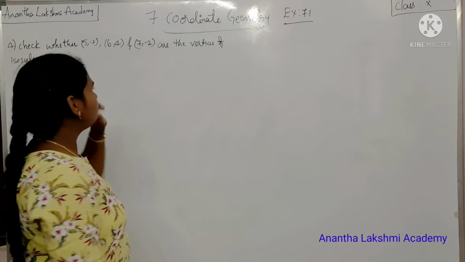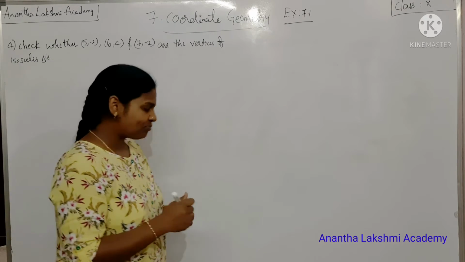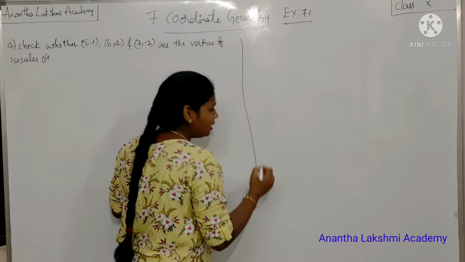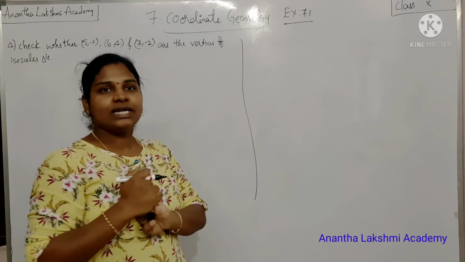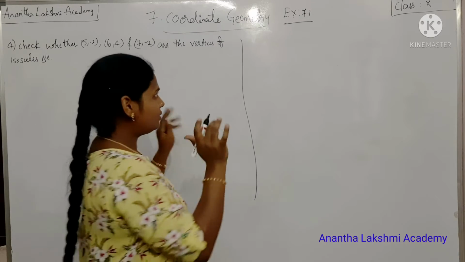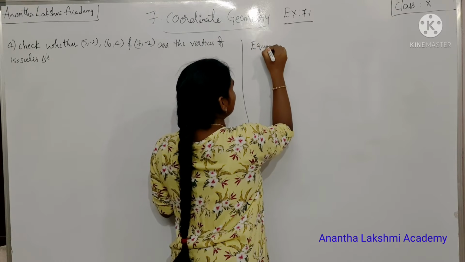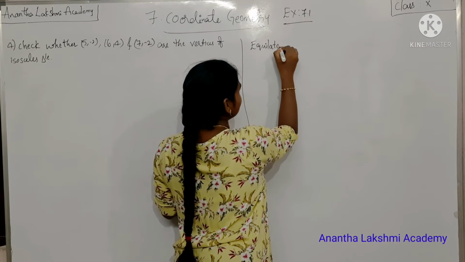So here we have the fourth problem listed on the board. Even before I tell you about the fourth problem, we need to consider a few things, like in triangles, especially in coordinate geometry, when they ask you to figure out these things.